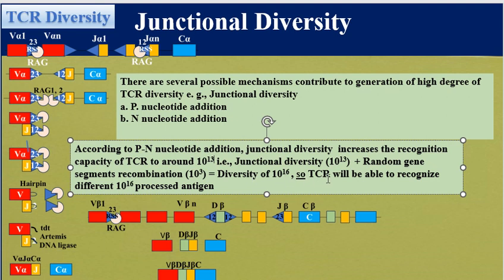So TCRs will be able to recognize different pathogens, up to 10 to the power 16 processed antigens, by the mechanism of junctional flexibility.